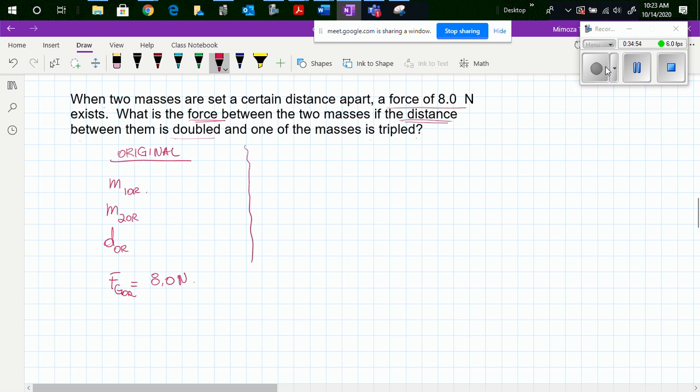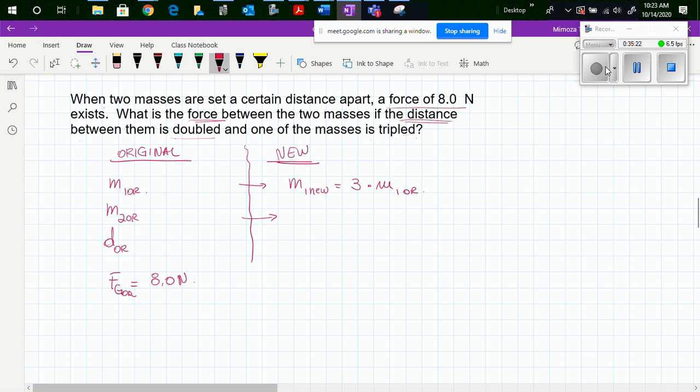Now, in the new setup, one of the masses is tripled. I will say mass 1. You can say mass 2, it doesn't really matter. So mass 1 new will be 3 times mass 1 original. Okay?